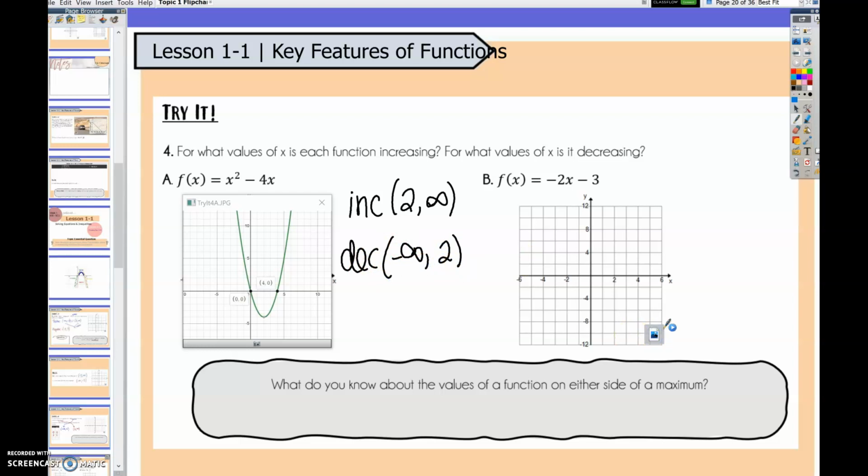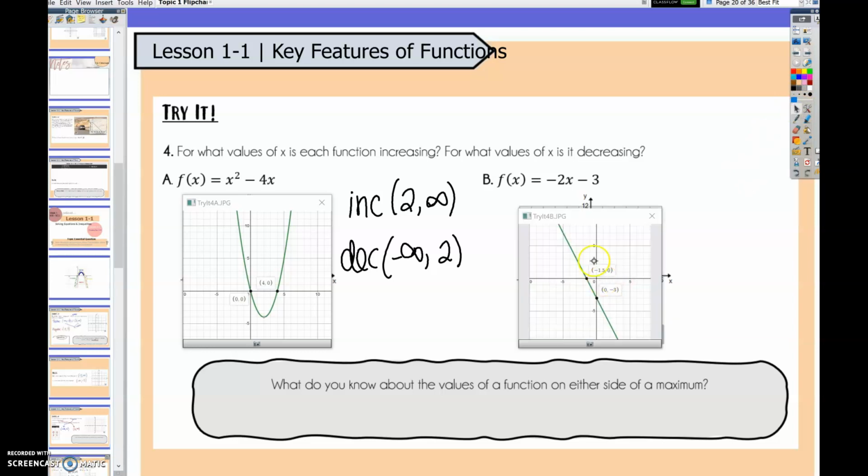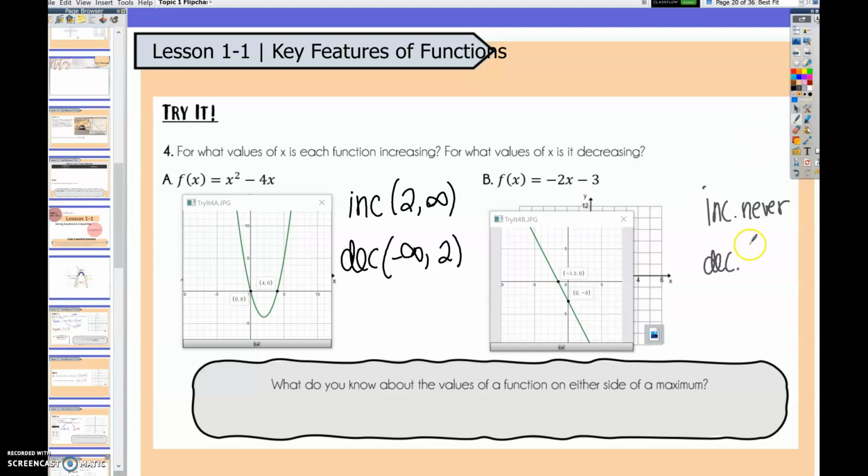Take a look at our second graph here. On 4b, our linear equation, negative 2x minus 3, it is decreasing all of the time. So we would say increasing is never happening, and it's decreasing from negative infinity to infinity.